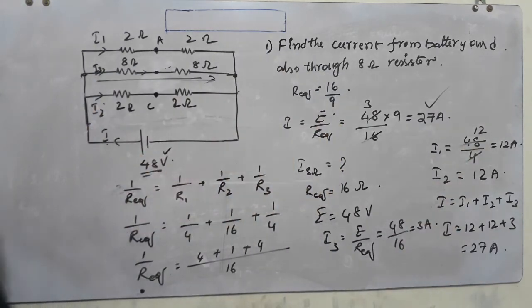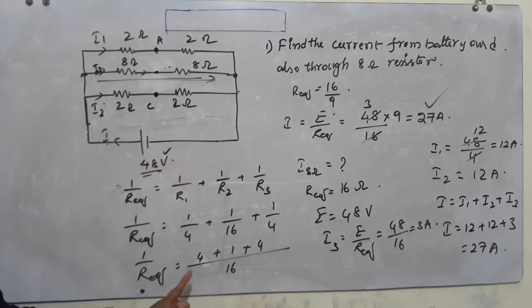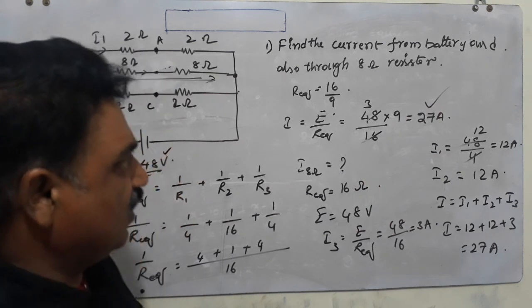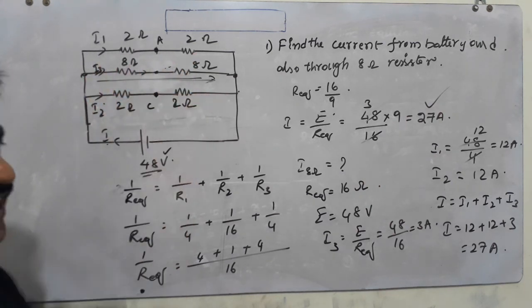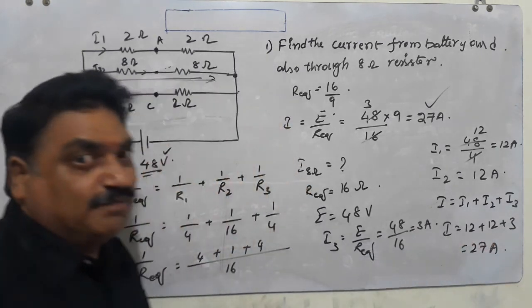That which we have already found with the help of effective resistance, we got 27 amperes. Otherwise, with the help of each and every component of electric current in this path, you can get 27 amperes.